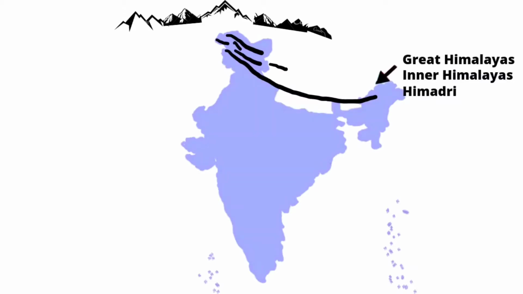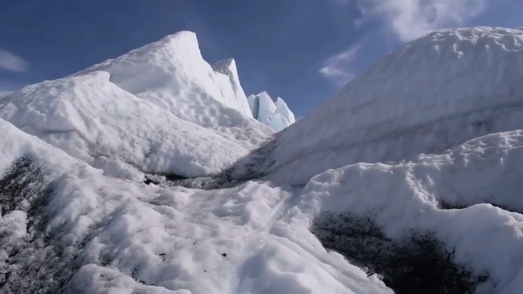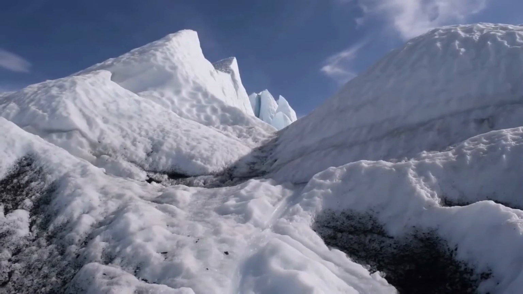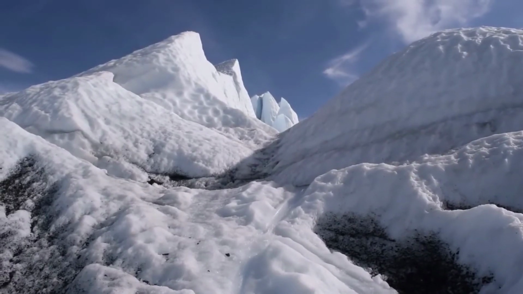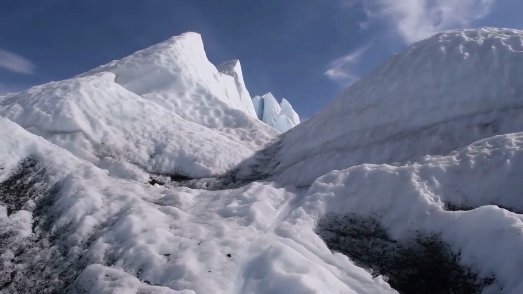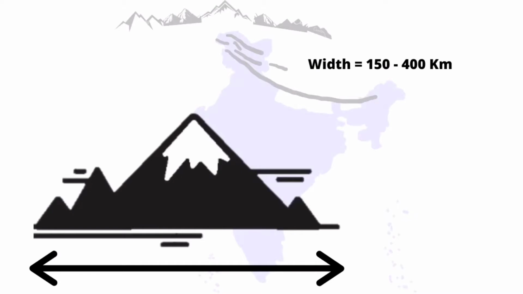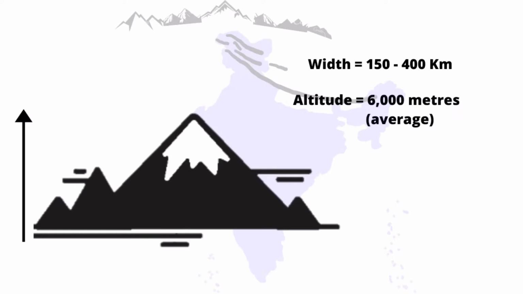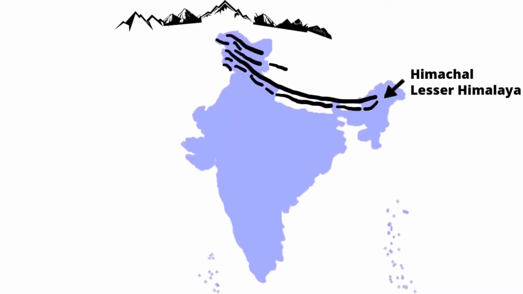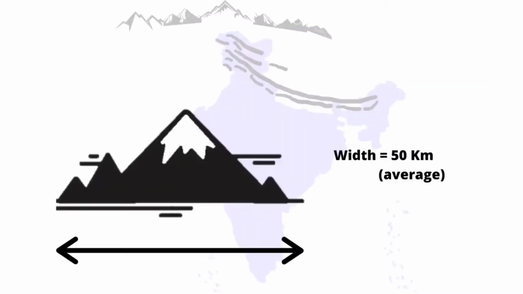The greater Himalayas, the inner Himalayas, is called Himadri, and the Himadri has originated many rivers. Its width is 150 to 400 kilometers. Its average altitude is 6000 meters. The second, the lesser Himalayas, is called Himachal.